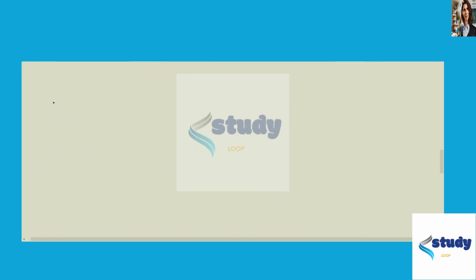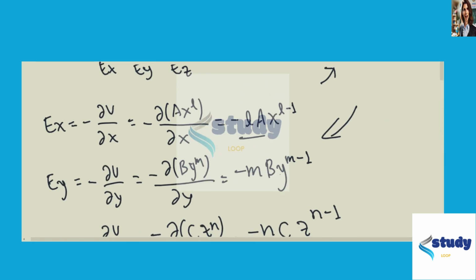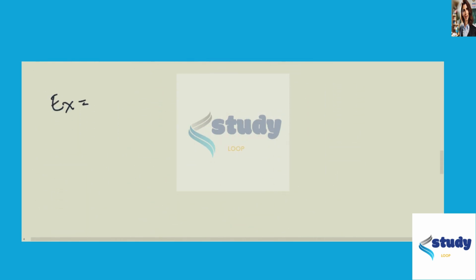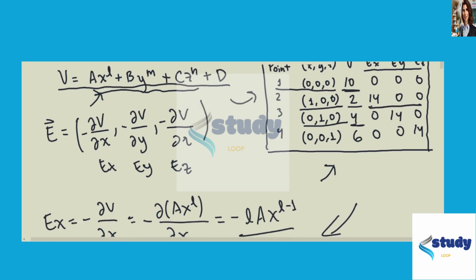So for the X component of the electric field, we have minus L A x to the L minus 1. We know this is at the point 1, 0, 0.